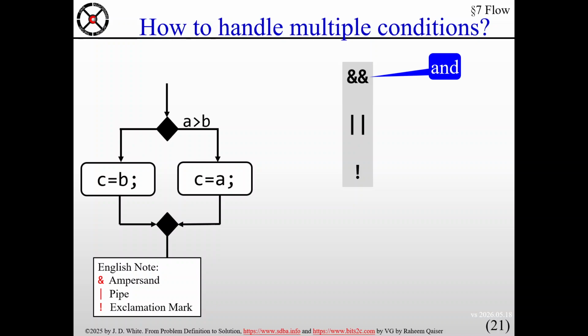By the way, what do we use a single ampersand for, Felix? A single ampersand means what? We take the address, yes, the address of a variable. So 1 ampersand is the address of a variable. 2 ampersands is used for and, 2 things together.